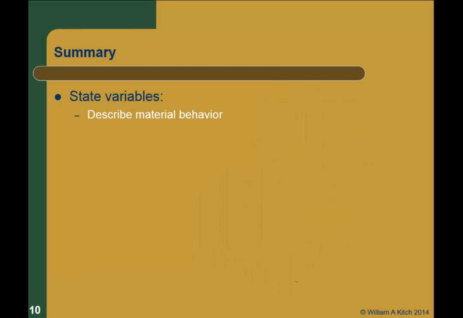Oh yeah, so a quick summary. State variables describe material behavior independent of the material properties. Maybe that first one I should rewrite. They describe a condition that is important to the material behavior, so let me edit that. They're describing a condition that will drive material behavior, but it's independent of the material properties.